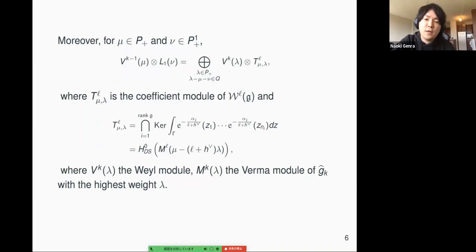Using a little bit different but similar technique, we know that this coefficient module can be identified with the kernel of some screening operator. A little bit complicated, but we also know such a screening operator. And this description is used to identify the coefficient module as isomorphic to some Drinfeld-Sokolov so-called reduction of a Verma module.